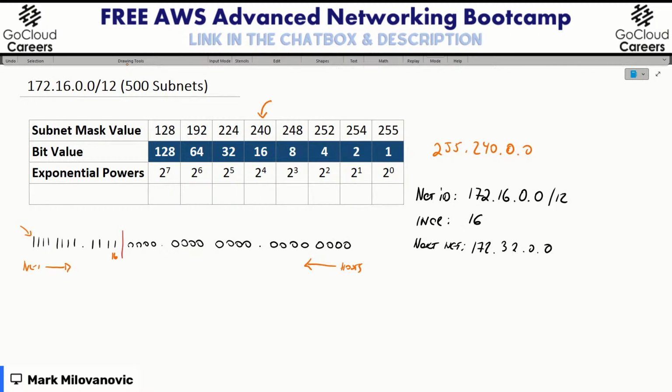So our networks, while we're creating more of them, we're actually creating smaller networks now too. So the way this will look now again, we're going from left to right. The question is, how many bits do I need to take away from my host portion to come up with 500 subnets? And that's why I showed you guys the counting.